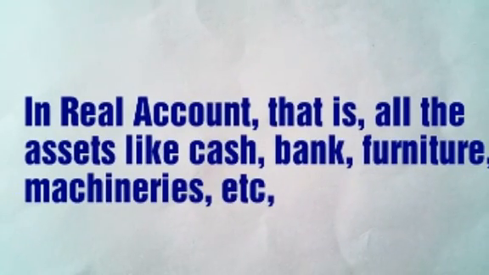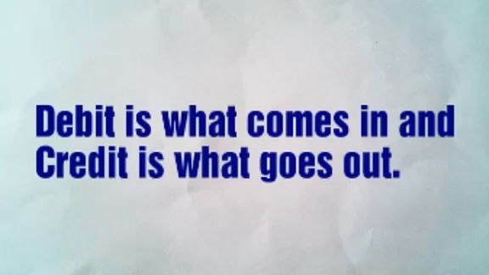Now for the real account. In real account, which means in case of all assets like cash, bank, furniture, machinery, etc., debit what comes in and credit what goes out.